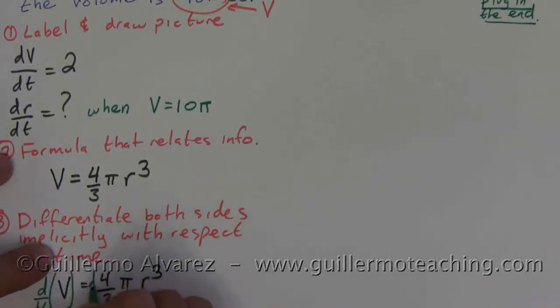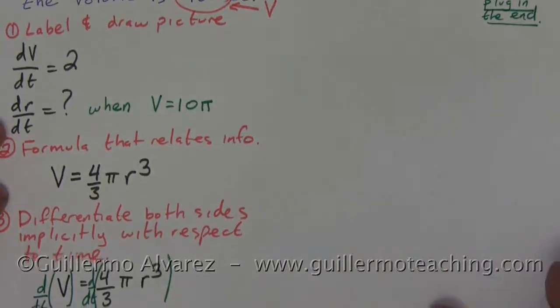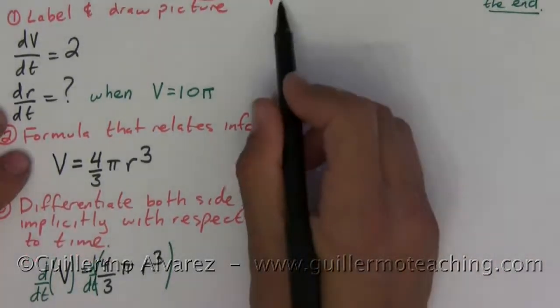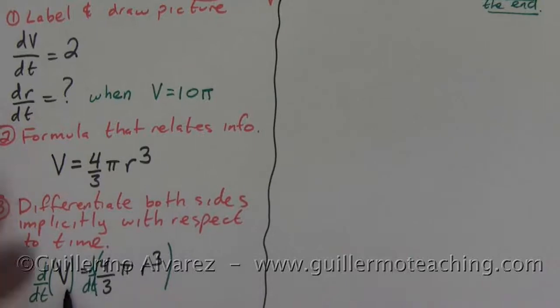So here the derivative of the left, the derivative of the right, and notice that both the volume and the radius are functions of time, and so when I get the derivative of these implicitly, I have to get the derivative of the volume with respect to time.